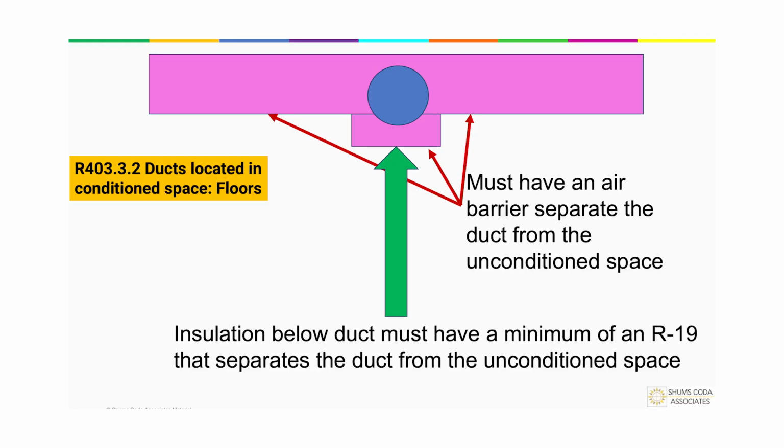So this is what they want. Here's our lovely floor. So we have an R19 from here to here, separating it. We have an air barrier that's also separating the ductwork from the unconditioned space. And like I said, we have an R19 there.